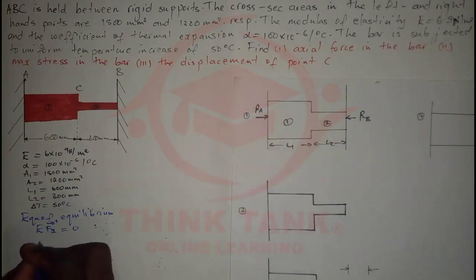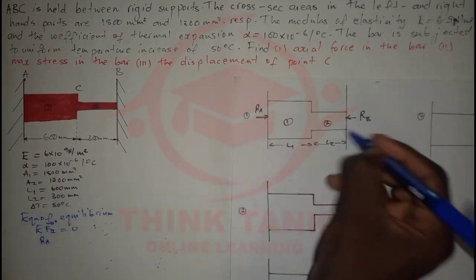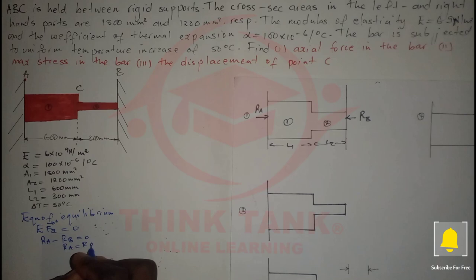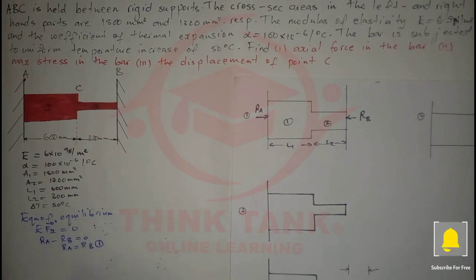We have RA, and since RB is acting on the opposite side, negative RB, which gives 0, meaning RA equals RB. I'm going to call this equation 1. But the problem with this equation is that we have 2 unknowns but only 1 equation. So this is a 1 degree statically indeterminate problem.